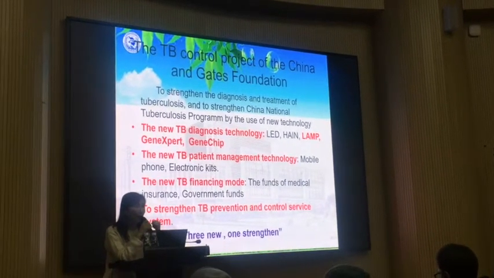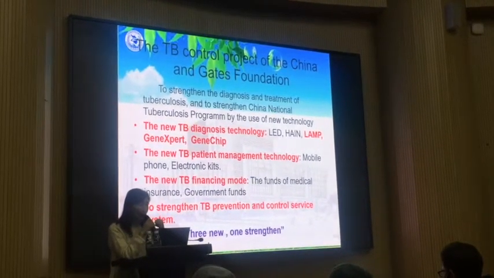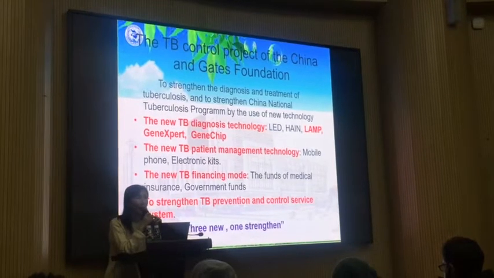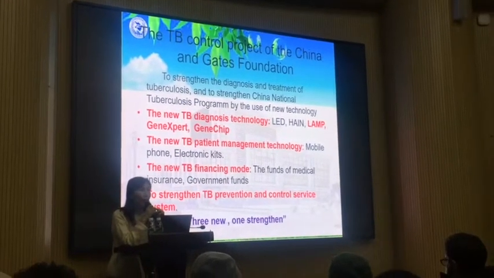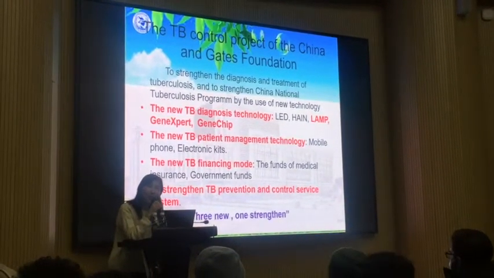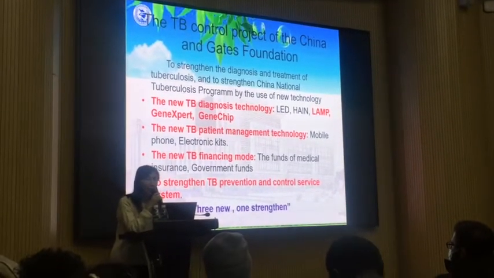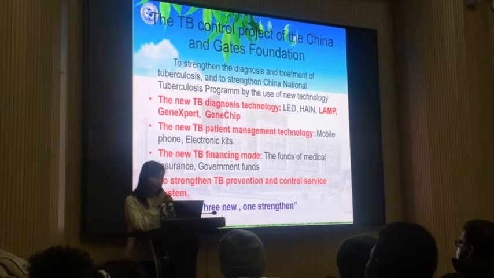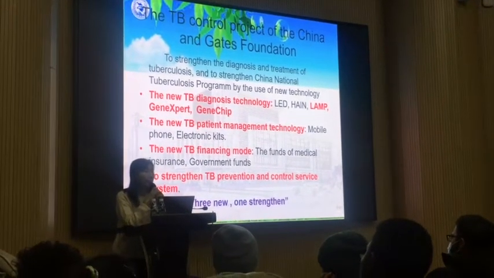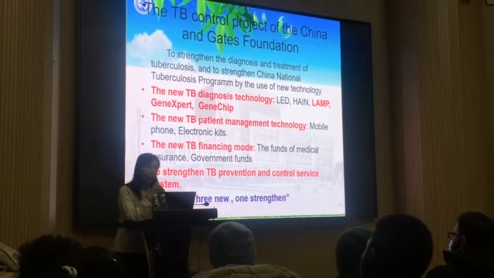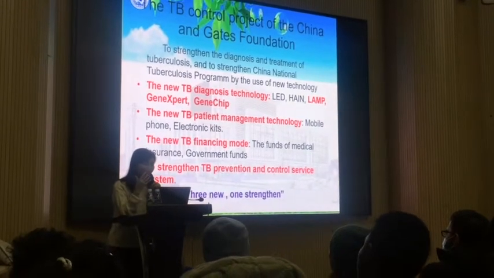Have you ever seen these electronic kits? I met some students from Africa, and she was very interested in this kit. What is this electronic case?